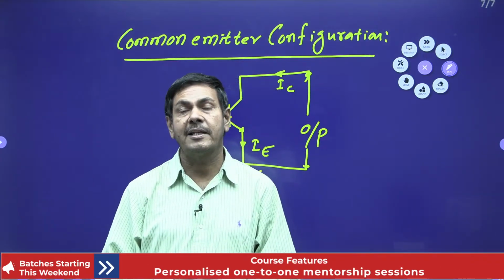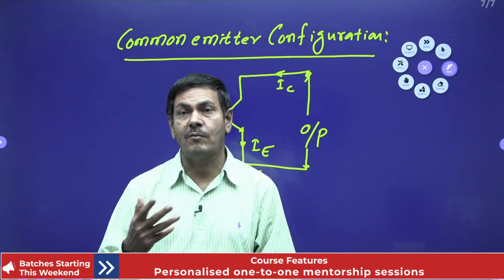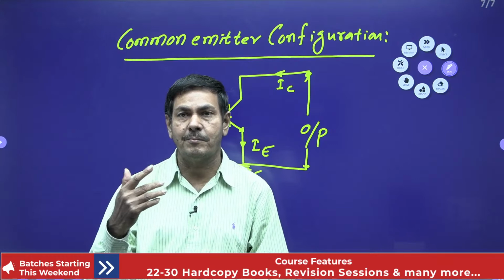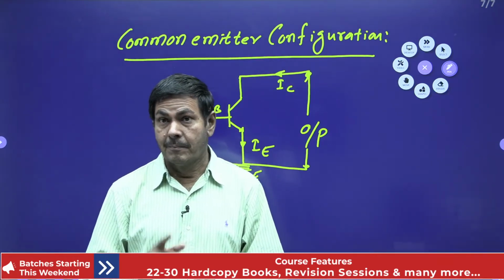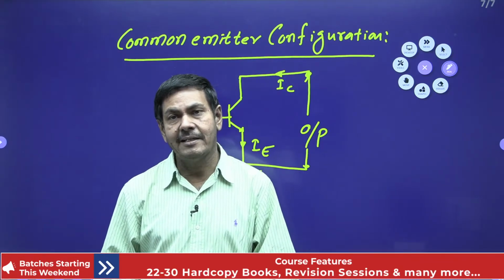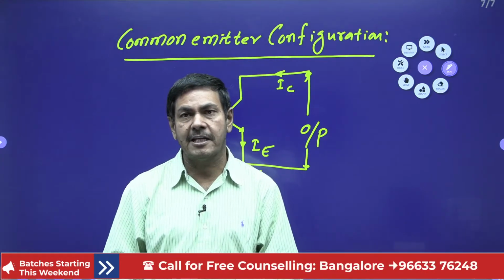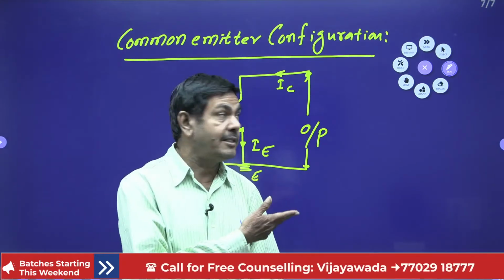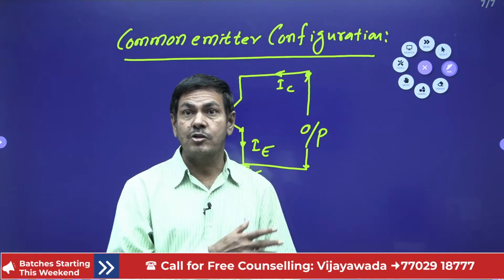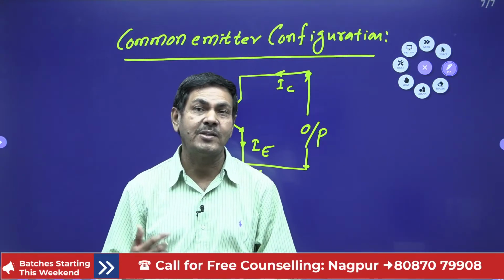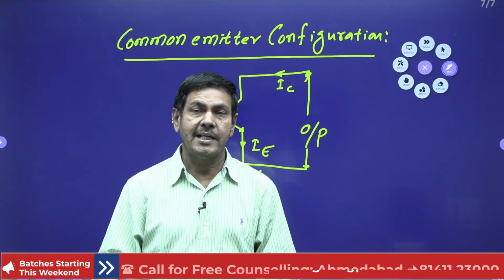Why is it moderate? Why is it not more? In the books it is given that voltage gain is more, current gain is more, and power gain is more. But if more is given, the comparison we cannot make. Already voltage gain is more in the common base, as I gave. If voltage gain is more in the common emitter also, the doubt will arise as to which voltage gain is more.